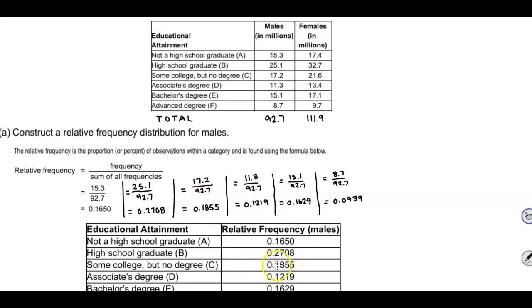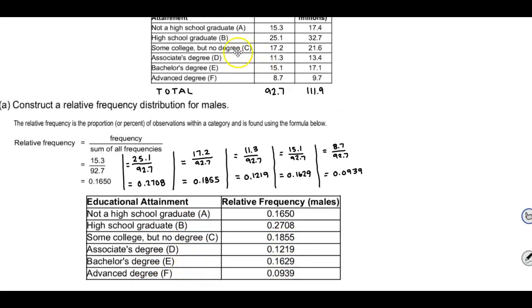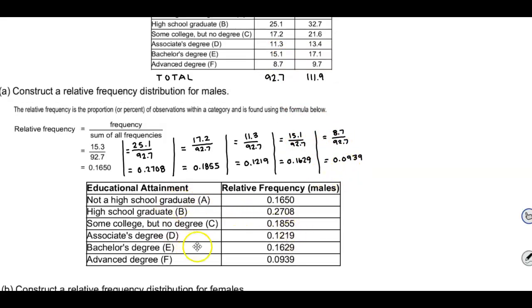Then you do the same for the next three: 11.3 divided by 92.7, 15.1 divided by 92.7, and 8.7 divided by 92.7. That gives us a relative frequency distribution for the males.